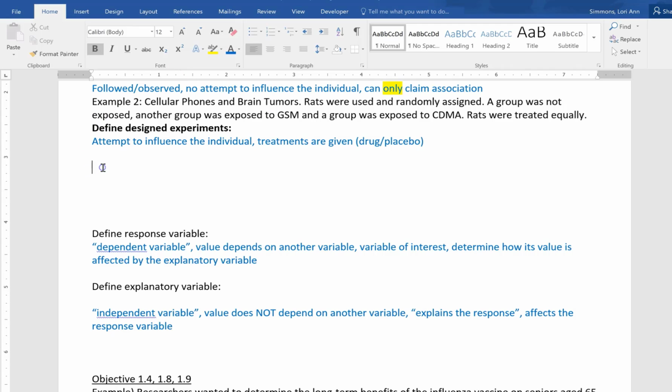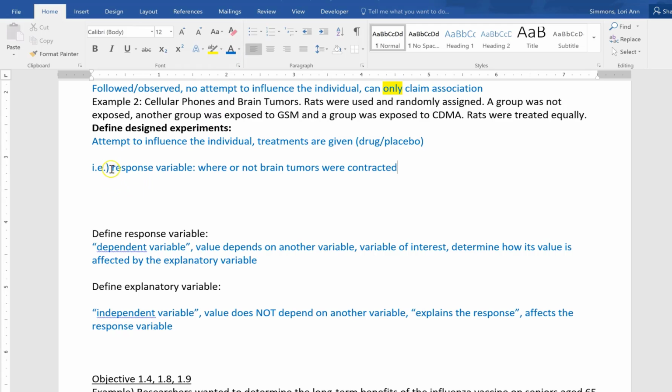So if you go back up to our designed experiment, let's identify what the response variable and the explanatory variable are. So the response variable, what are we trying to figure out? We are trying to figure out whether or not brain tumors were contracted.